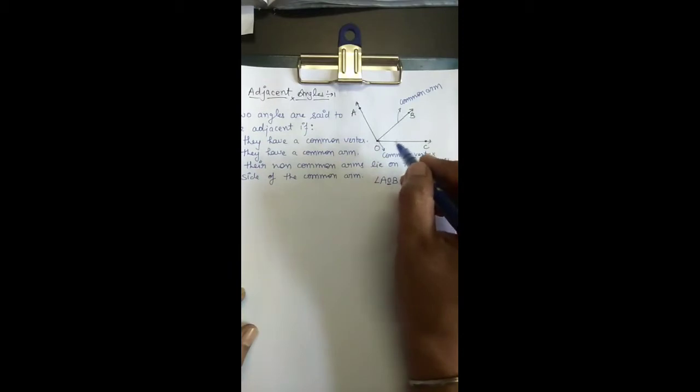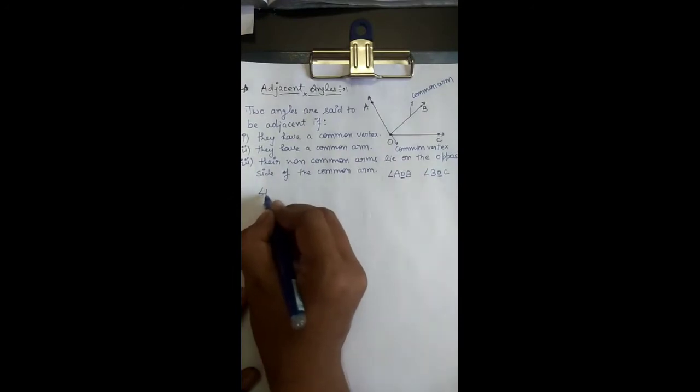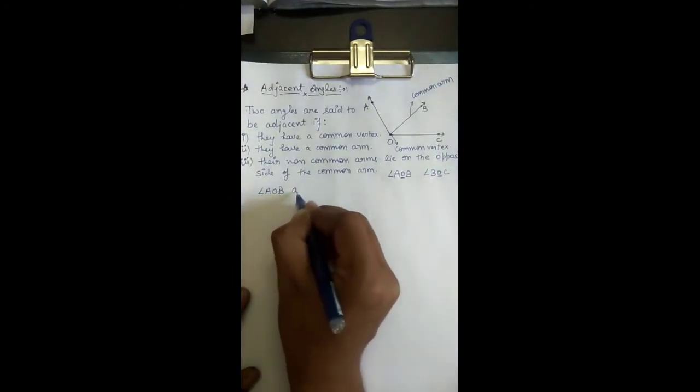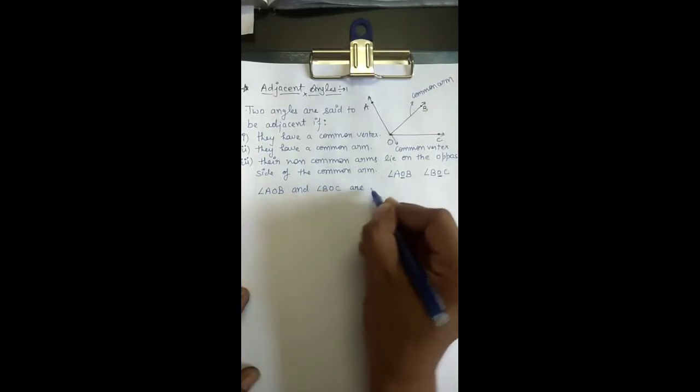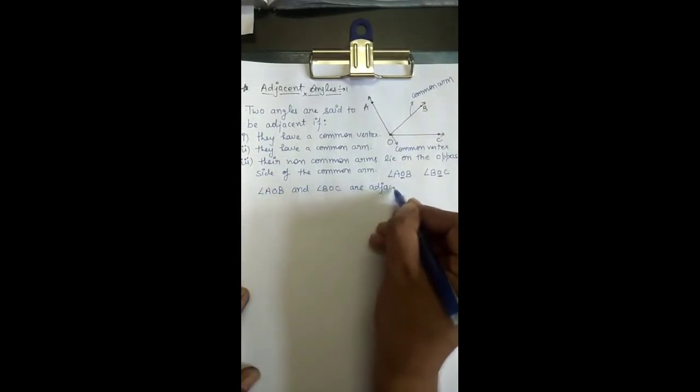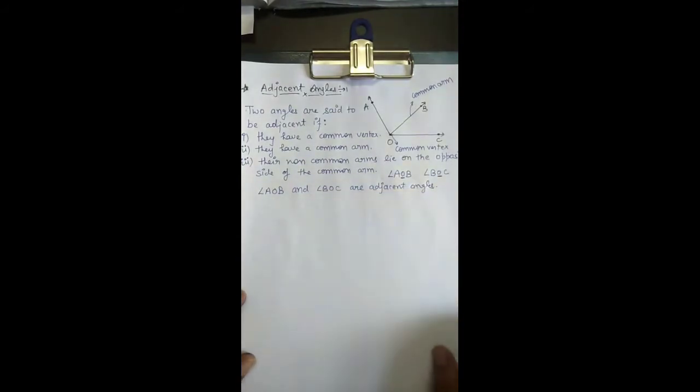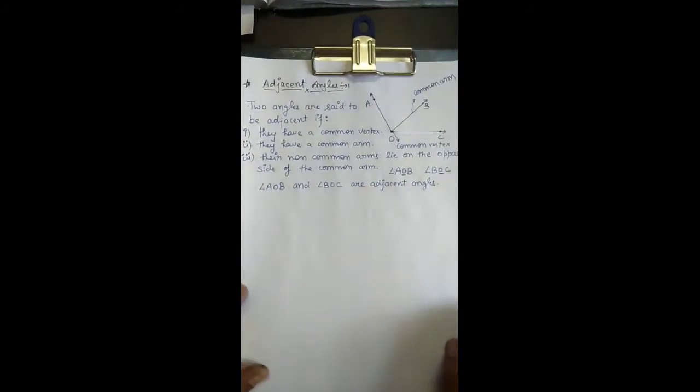So all conditions are fulfilled by these two angles AOB and BOC. That's why these two angles are adjacent. So we can write AOB and BOC are adjacent angles.